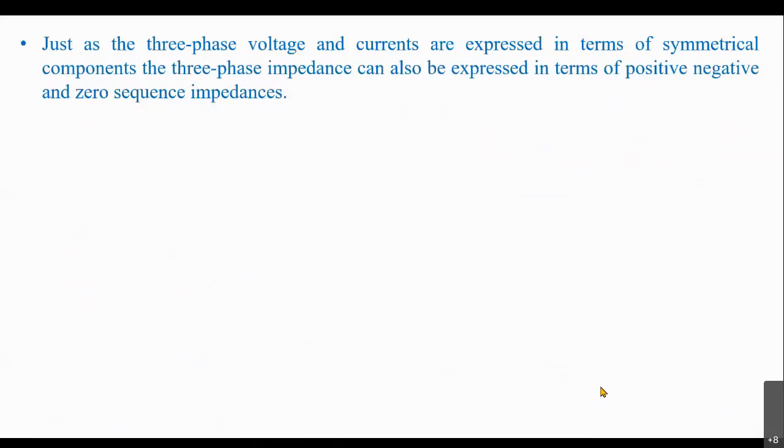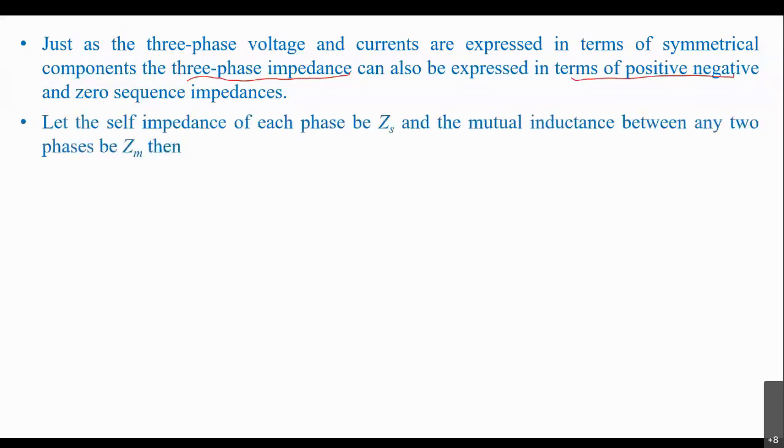Just as three-phase voltages and currents are expressed in terms of symmetrical components, the three-phase impedance can also be expressed in terms of positive, negative and zero sequence impedances. Three-phase impedance means, for example, the impedance of a transmission line or of a transformer. If it is given, we can convert it into sequence components as well.